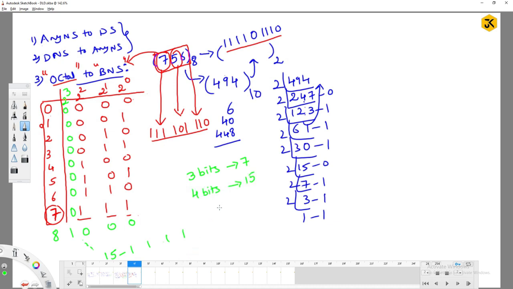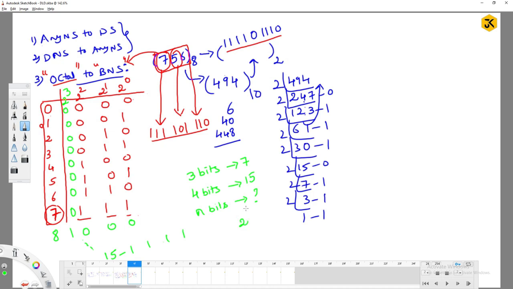Similarly, if I have n bits, what is the maximum number I can generate? 2 power n minus 1. So 2 cube minus 1, 2 power 4 minus 1 is 15. Is it okay?